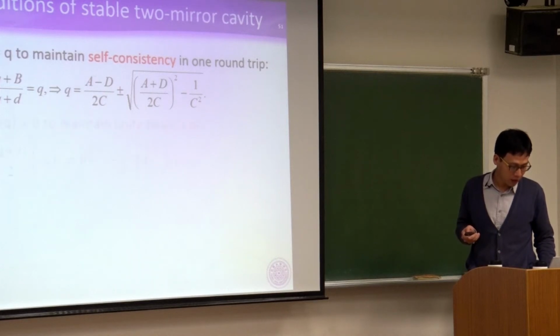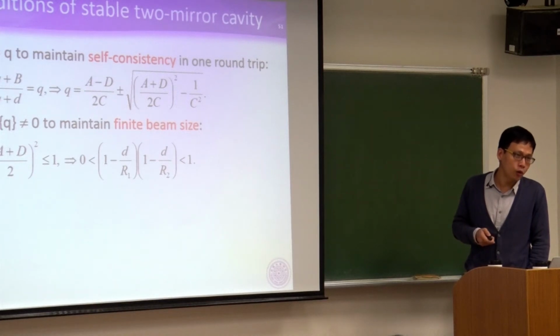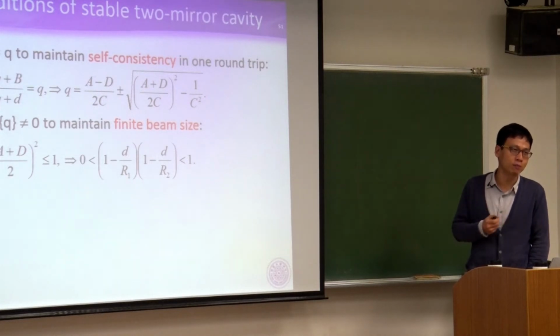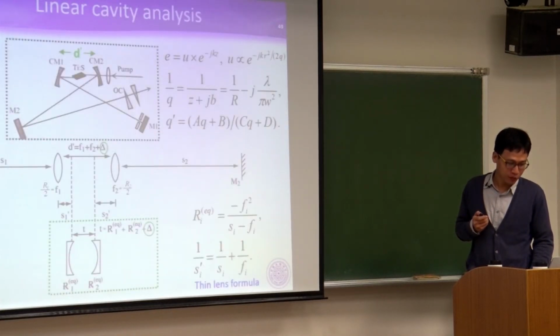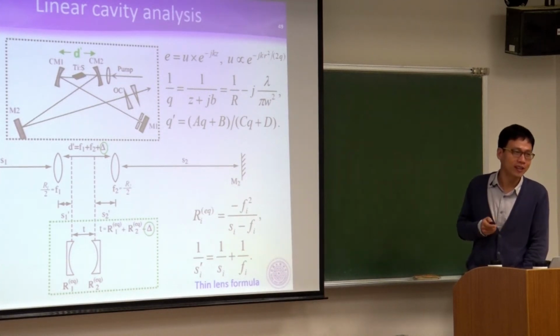Okay. Now, to maintain finite beam size, the imaginary part of Q can never be 0. Or in other words, your Q parameter must be a complex number. It cannot be a real number. Why? Let's go back to here. 1 over Q equals these two, right?